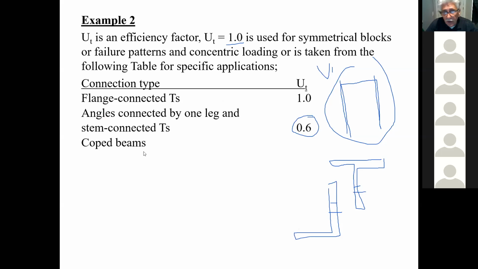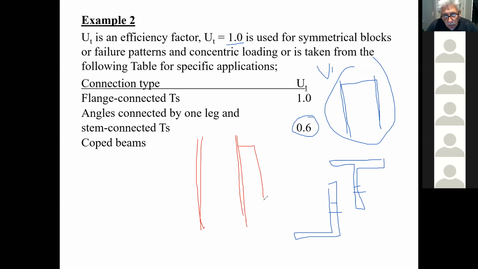Now, for coped beams, I'm going to explain to you what those are. You'll see this more when we get into almost our last lecture. When you have a connection, for example, here's a column, and we're going to learn how to do these connections.